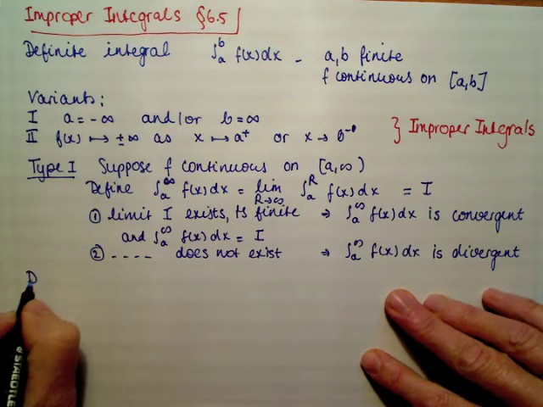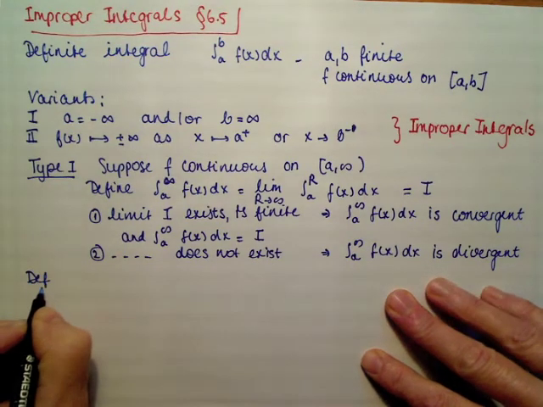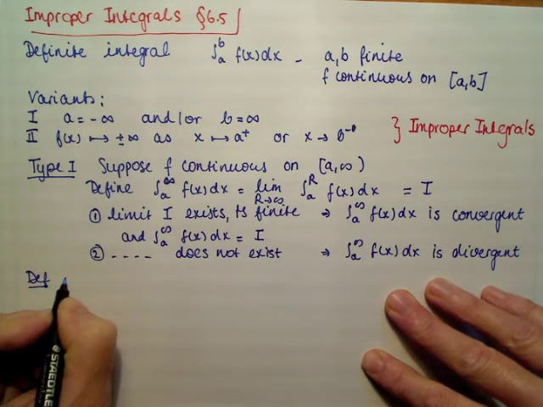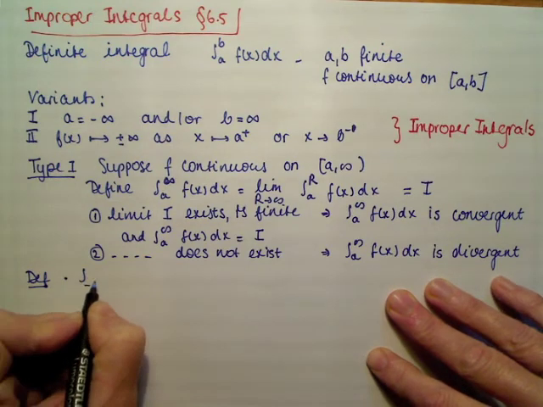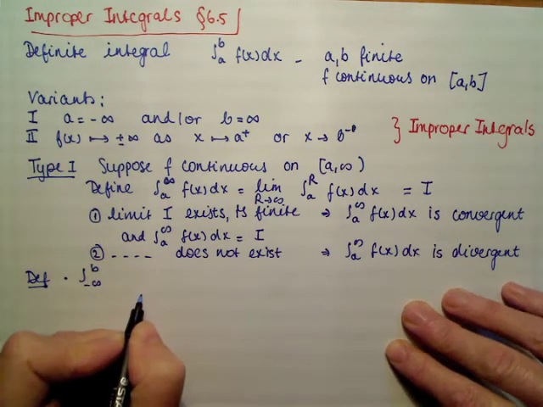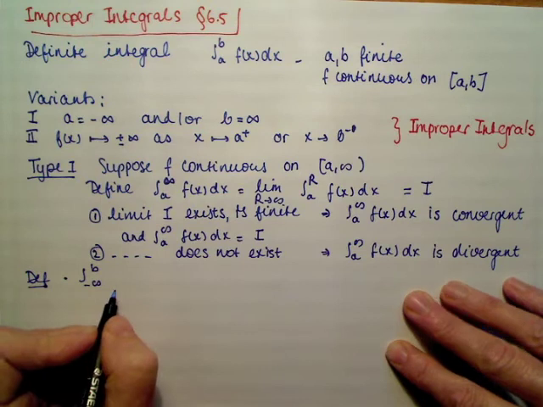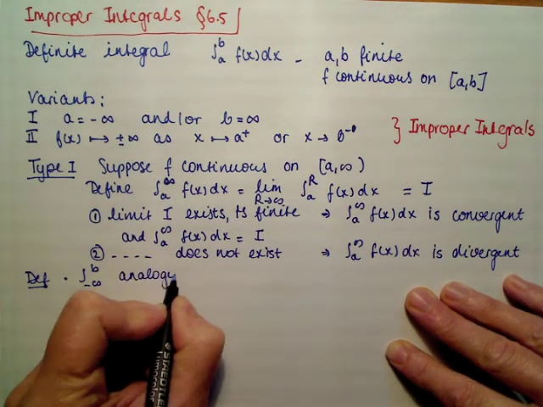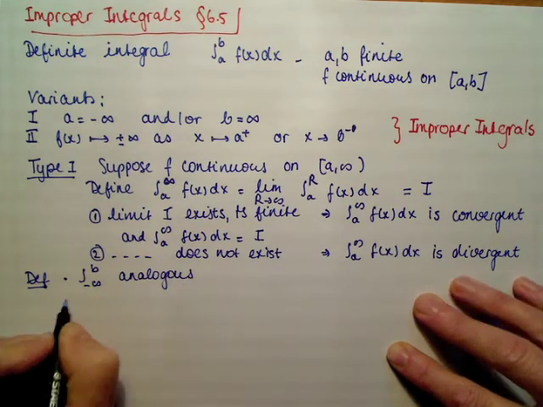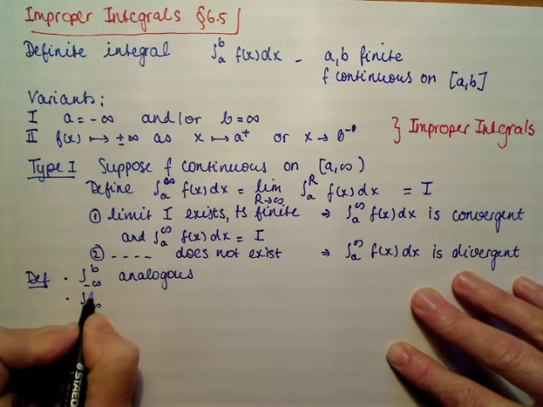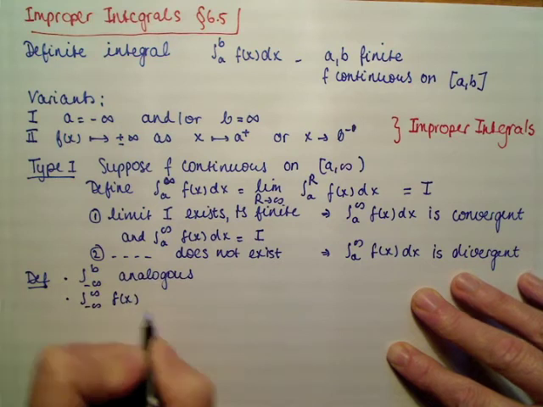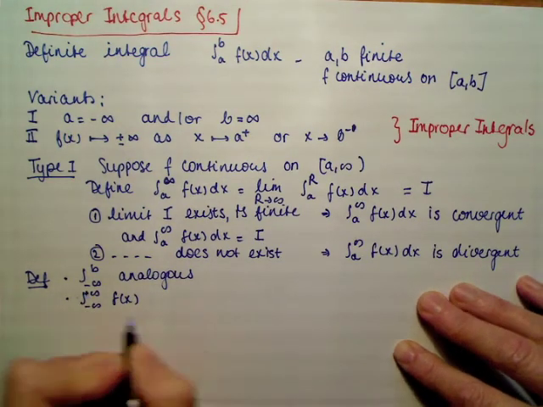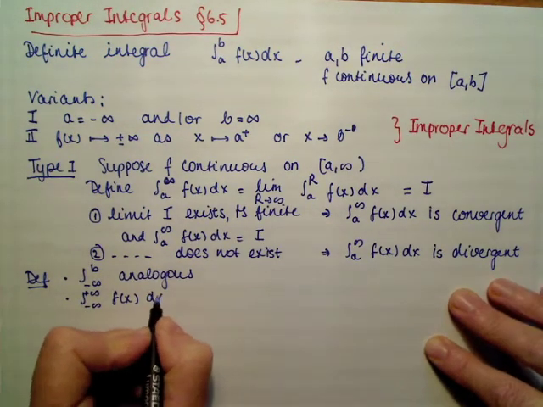Now, clearly, we only discuss the case where the right endpoint is infinitely large, but we can give a similar definition in case the left point is infinitely large, or if both endpoints are infinitely large, and we have the integral from minus infinity to plus infinity of the function little f.